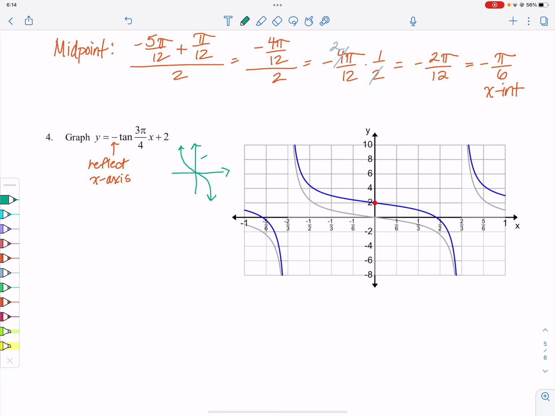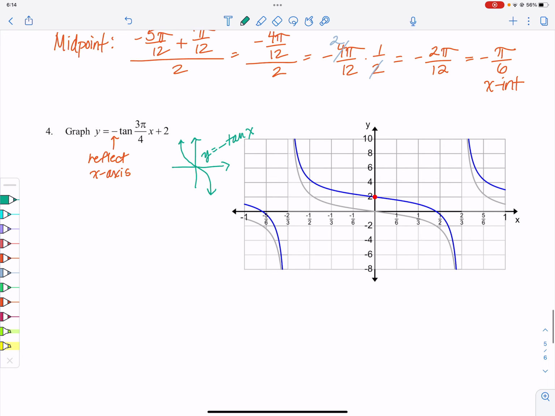This is the opposite of the tangent of x. Maybe I better put y equals so you know that that negative sign is there and it's not a dash. So this is the reflection. And as you can see, we will go up 2, a vertical shift going up 2.